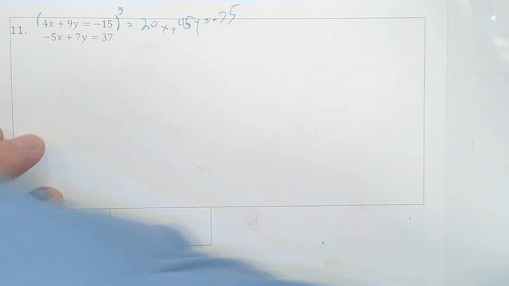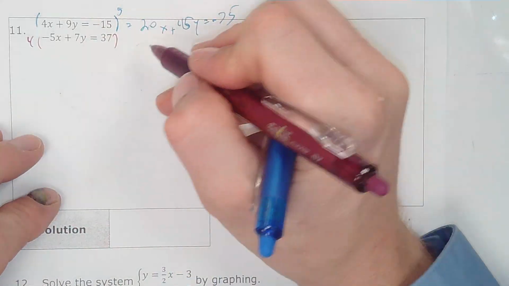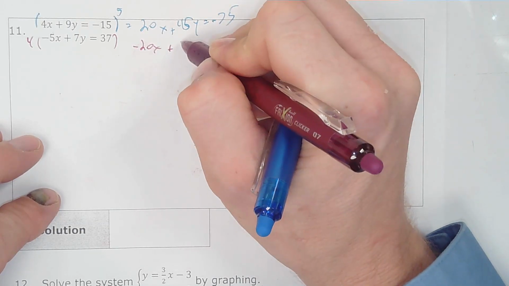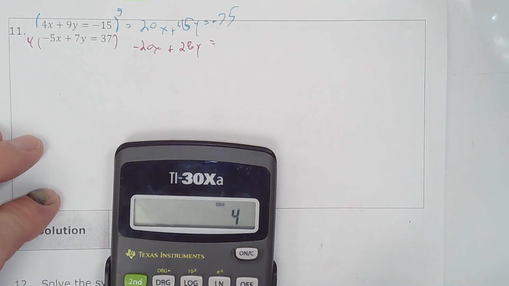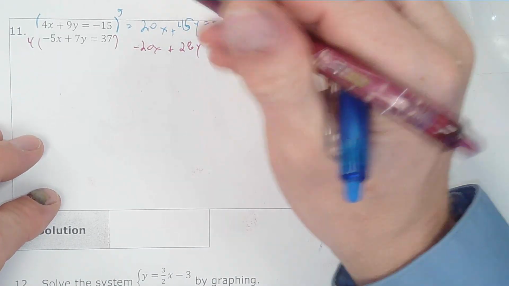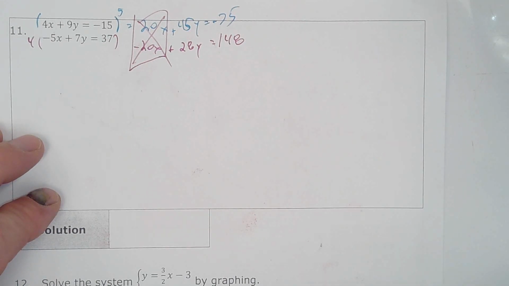Okay, and I've got to multiply this one by 4. So it's going to be negative 20x plus 28y equals 37 times 4, 148. Okay, that allows me to eliminate 20x and negative 20x.